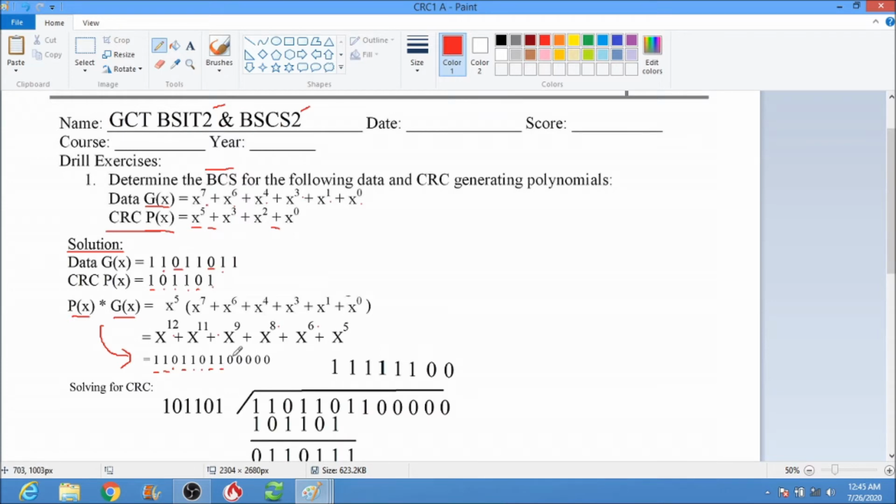And then the next we have x raised to 4, x raised to 3, x raised to 2, x raised to 1, and x raised to 0. They are all 0.